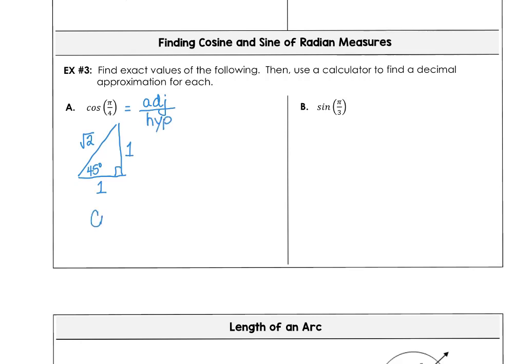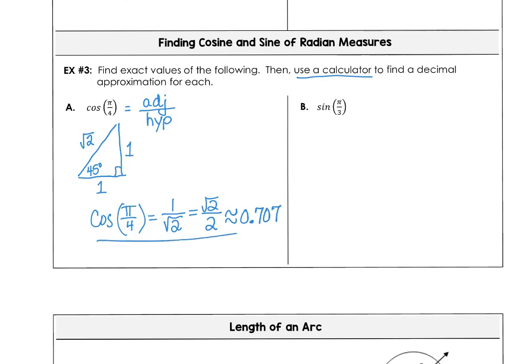In this case, cosine of pi over 4 is adjacent over hypotenuse. And if you rationalize the denominator, we find square root of 2 over 2. And then using a calculator to get the decimal approximation, that's going to be 0.707. So we know the exact value and the decimal approximation.